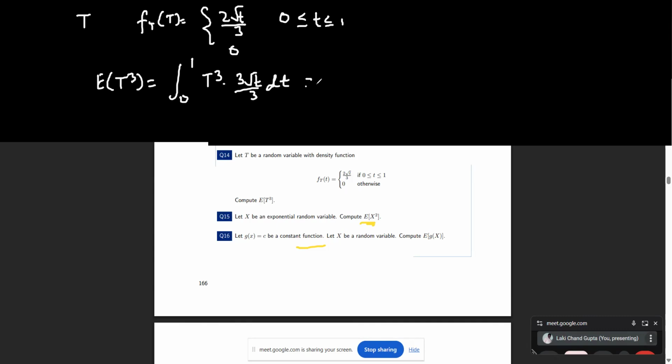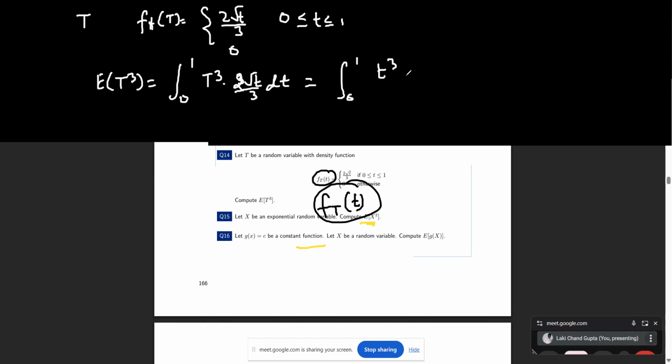Big T and small t are two different things. Capital T represents the random variable, but its actual value is small t.